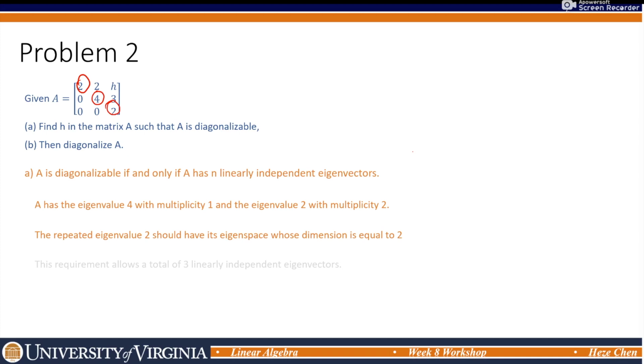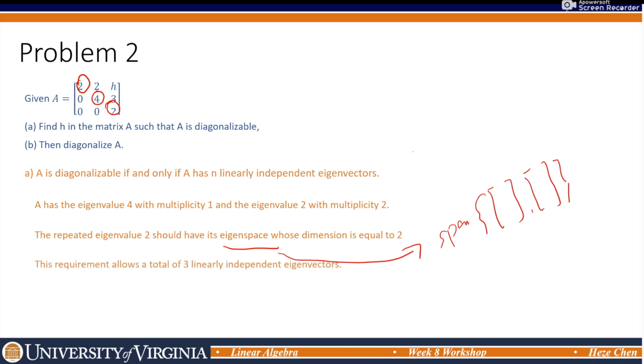The repeated eigenvalue 2 should have its eigenspace whose dimension is equal to 2, which means it's spanned by 2 vectors. This requirement allows a total of 3 linearly independent eigenvectors.